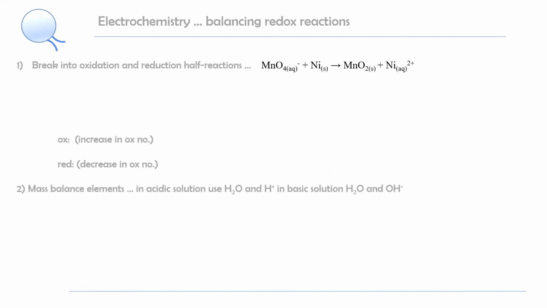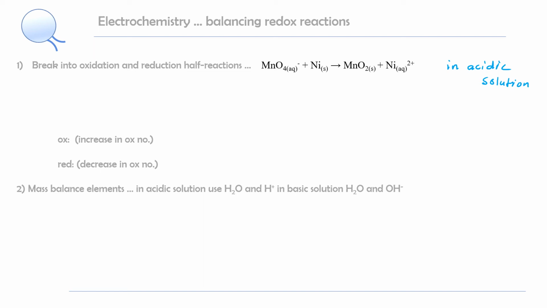Let's do a somewhat more difficult redox reaction balancing. This time we are going to balance this redox reaction in acidic solution. What that means is there's going to be oxygen introduced into our half reactions, so we're going to need to balance the oxygen.